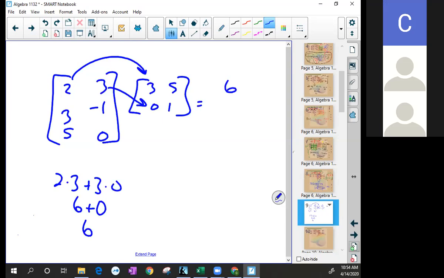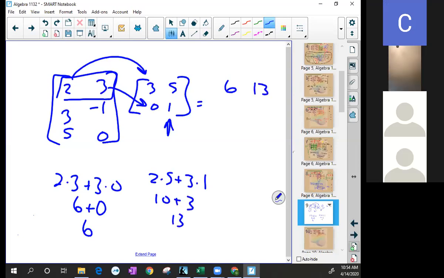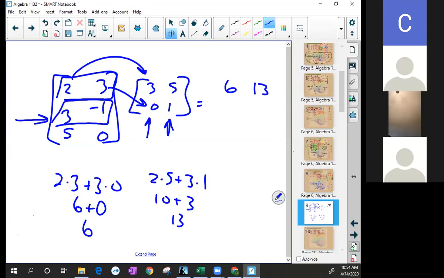Now I got to take this row times this column. So I'm going to have 2 times 5 plus 3 times 1. 10 plus 3 is 13. So that's 13 right there. So I'm finished with the first row. Now I've got to take the second row, multiply it here, and then multiply it here.